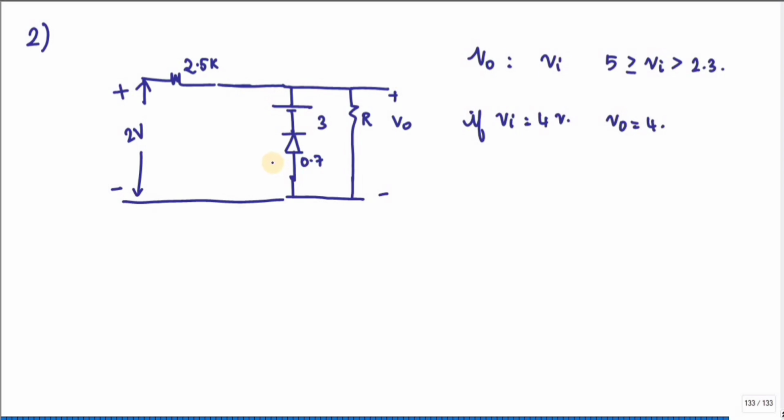So always the output is 2.3 whenever the VA value is less than or equal to 2.3. So V naught is equal to 2.3 volt whenever VA is less than 2.3.